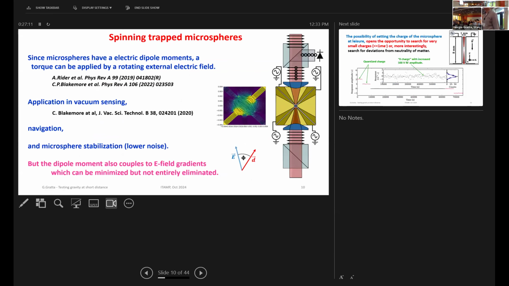You can also, this is important, I started saying that once you neutralize the microsphere, which I'll describe in a minute, there is an electric dipole moment left. That's annoying, because if there is a gradient, that will interact with it. But you can take advantage of it and actually grab the microsphere by that dipole moment, and spin it up. You can do it because your trapping region is surrounded by those 6 electrodes.